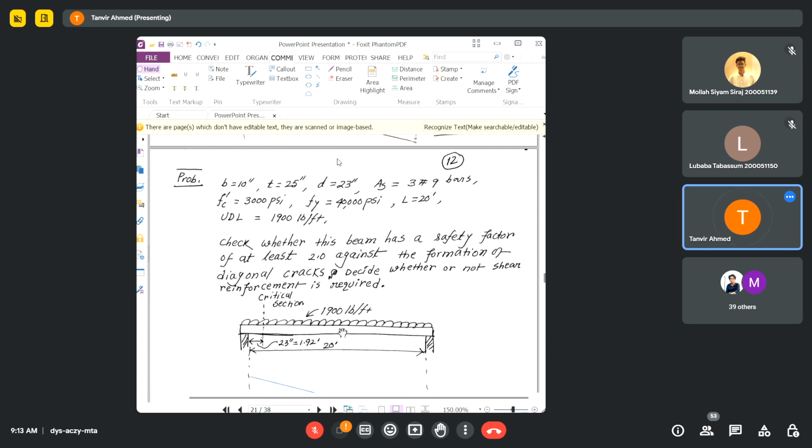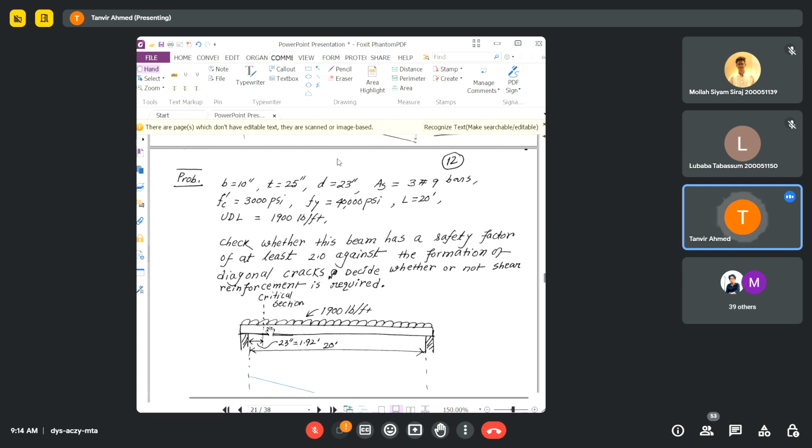Obviously there is longitudinal reinforcement. So the concrete and the longitudinal reinforcement, is this enough for resisting the shear in this particular beam? If the concrete is enough for resisting the shear force, then obviously you don't need shear reinforcement.